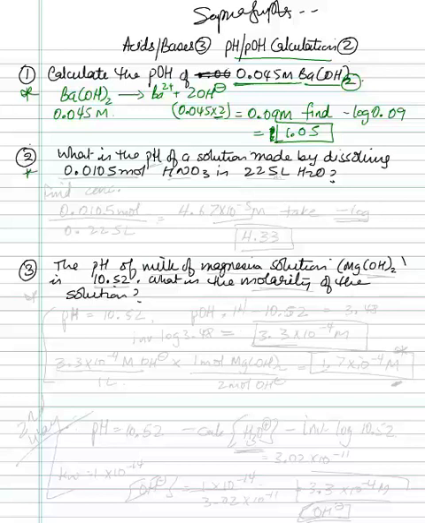What is the pH of a solution made by dissolving 0.105 moles of nitric acid in 225 liters of water? And so, sorry, this is milliliters of water. So which means the first thing you have to do is find the concentration. Now this could be given to you in a different way also.